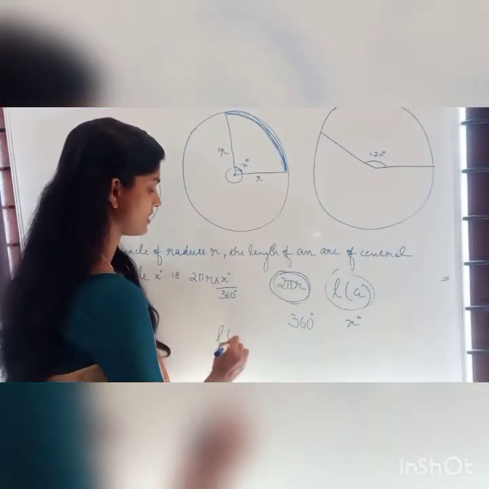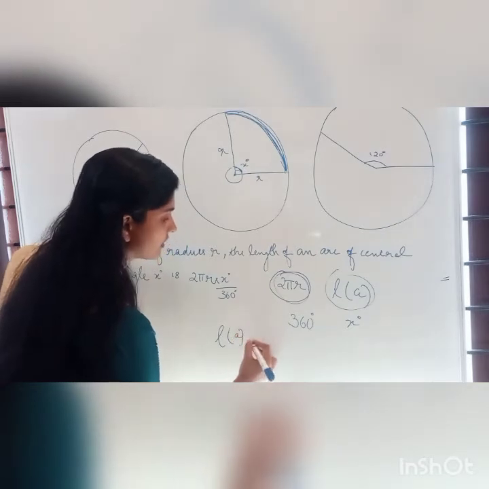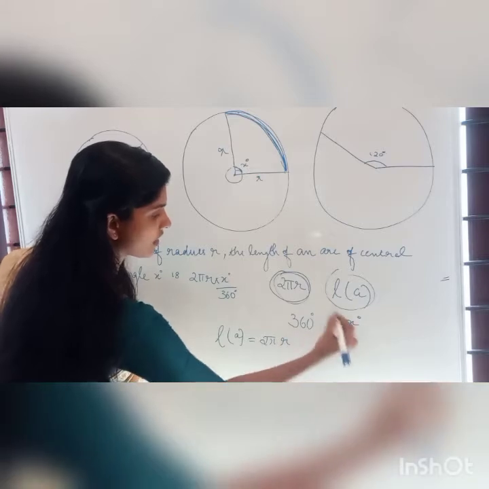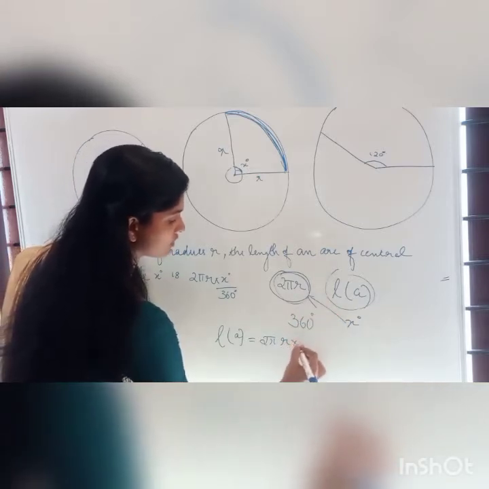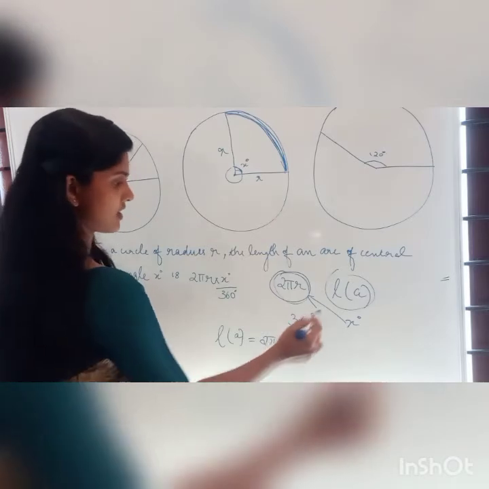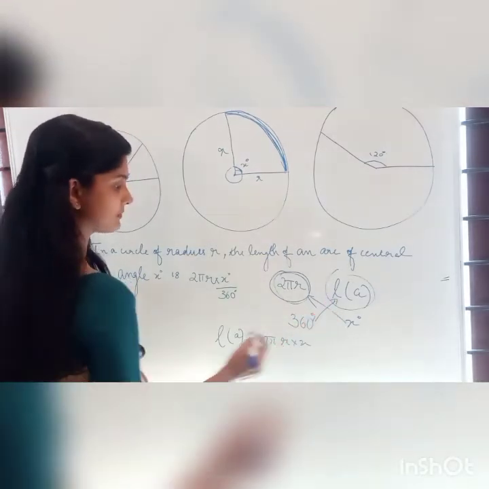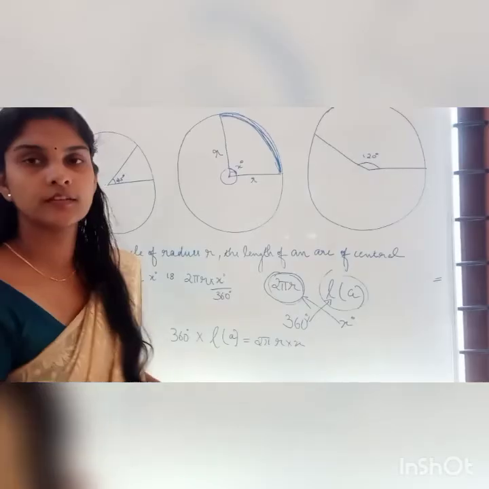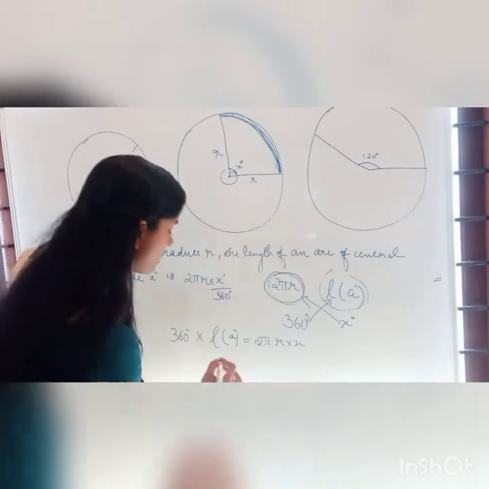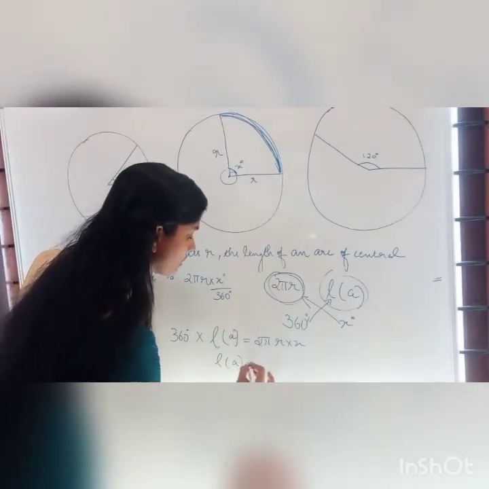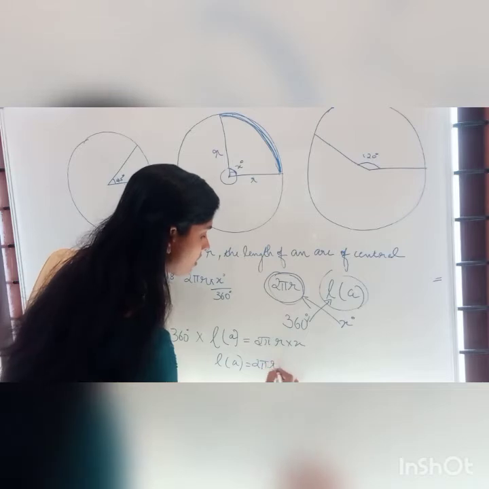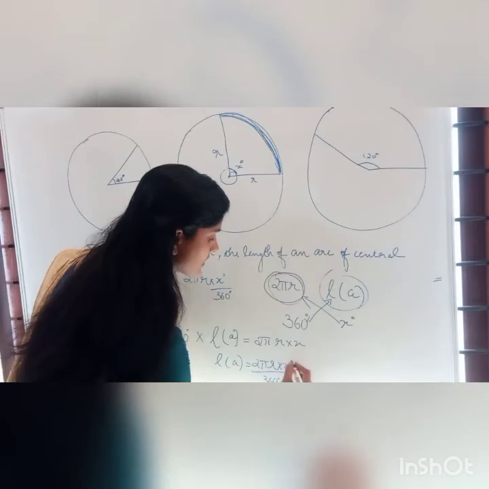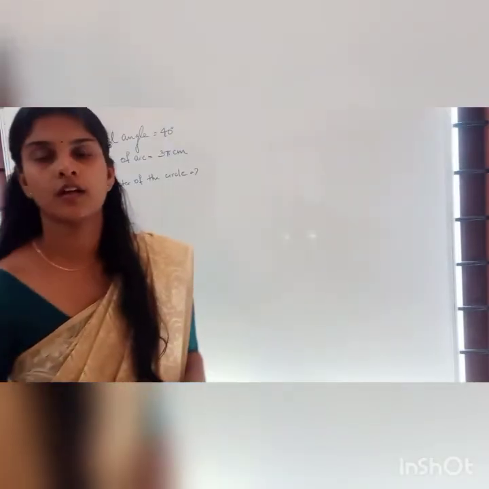Yes, length of the arc is equal to 2 pi r into x, and we cross multiply by 360. So the length of the arc is equal to 2 pi r into x by 360 degree.